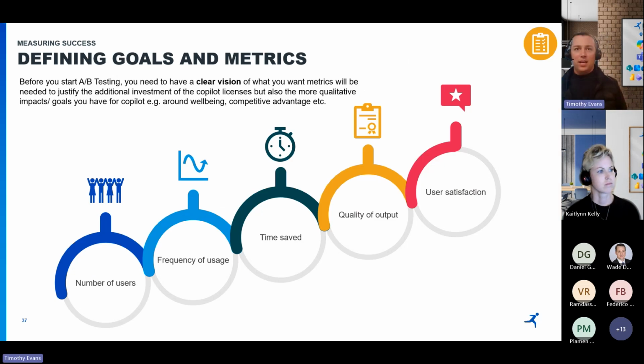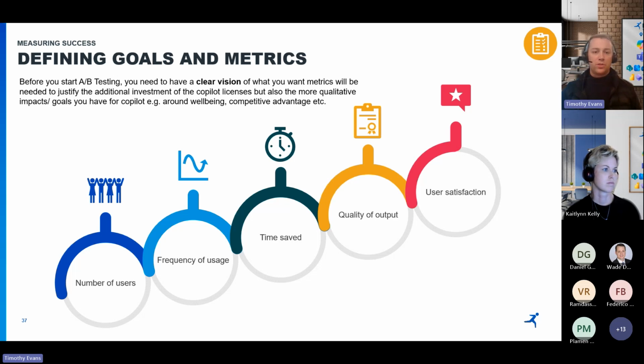Before we actually can get to this process of determining success, we really want to make sure we define goals and the metrics that we're looking to meet. And this is oftentimes something that takes place in what we call our discovery phase.